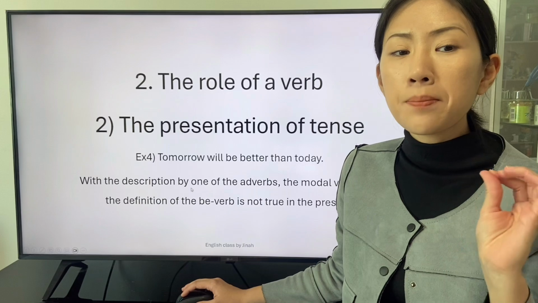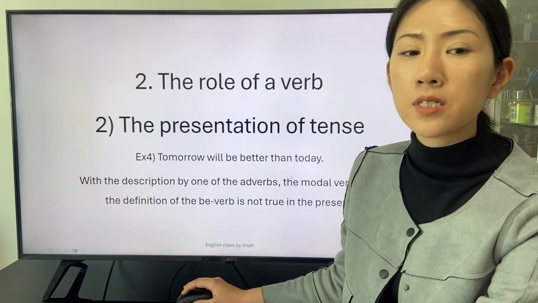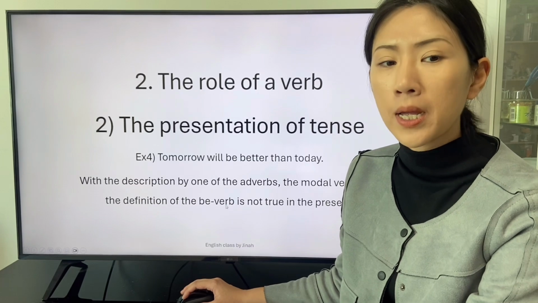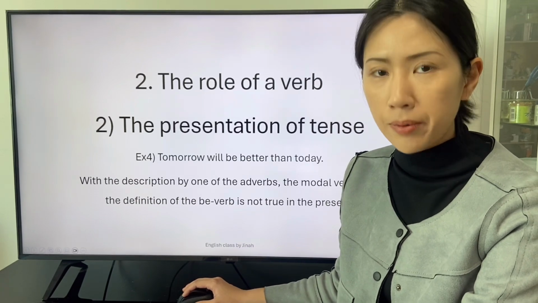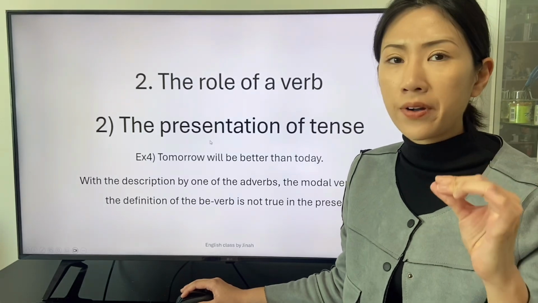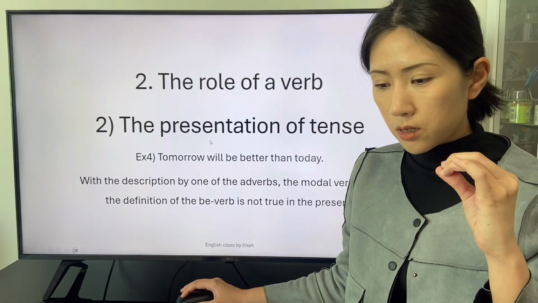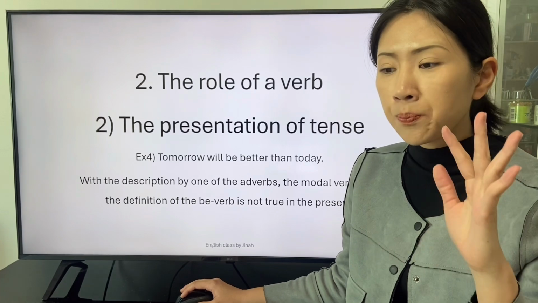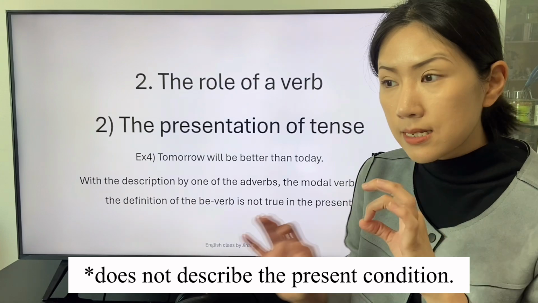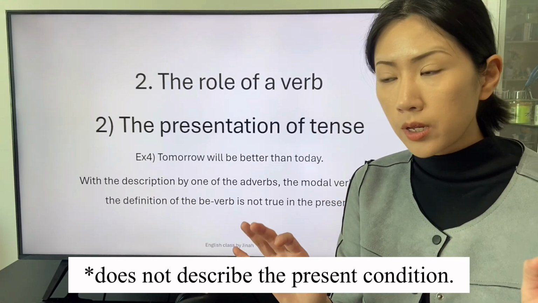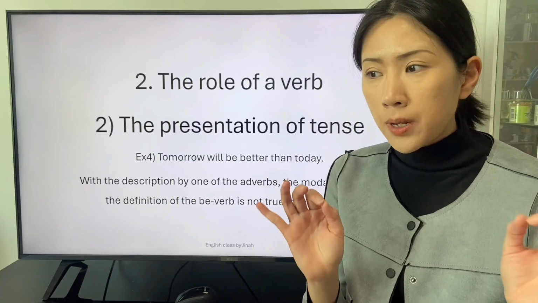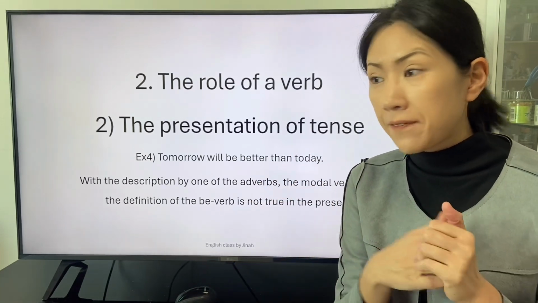With the description by one of the adverbs, the modal verb will, the definition of the be verb is not true in the present. The description by the modal verb reveals that the definition of the verb is not true in the present.